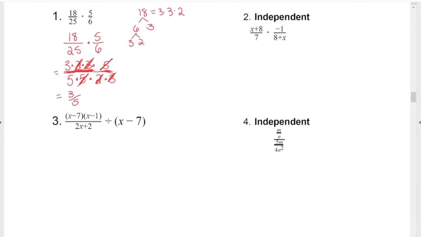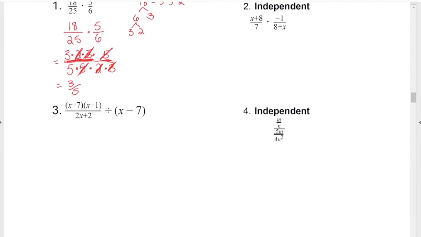And let's look at number 3. Number 3 has a division symbol, so the first step we will take is to write the question down, and then turn that division symbol into a multiplication symbol. So right now I have x minus 7, and you can go ahead and say over 1.